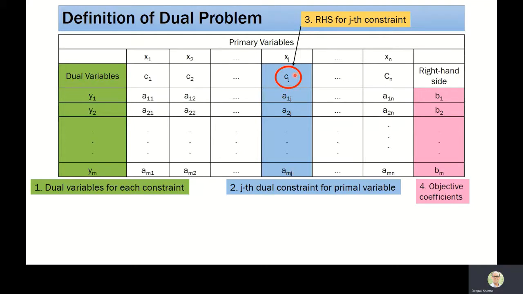The right hand side of the dual constraint is cj, which we can find from the Z row. Finally, the right hand sides of the constraints b1, b2, bm become the objective coefficients in the dual problem. With this recap, let us move ahead.